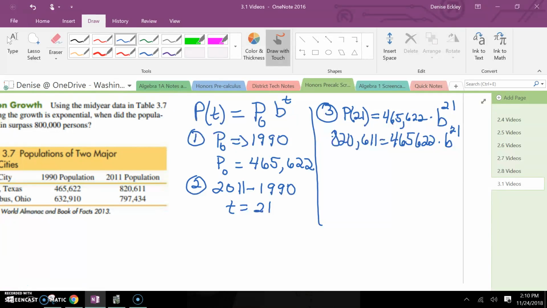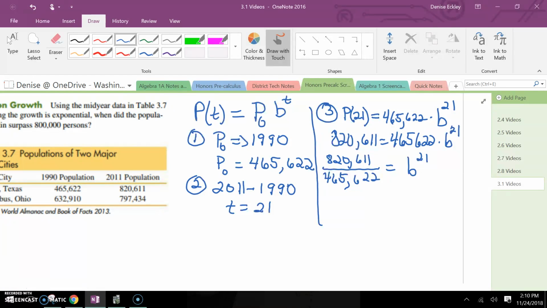So we're going to solve this for B. So we get 820,611 divided by 465,622 is equal to B to the 21st power. Now we have to take the 21st root.